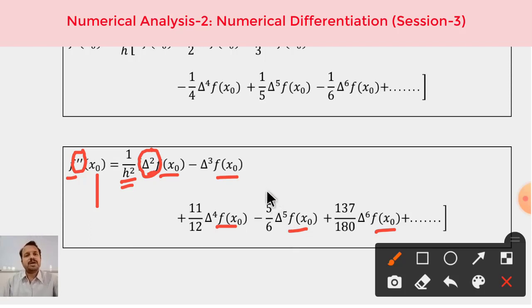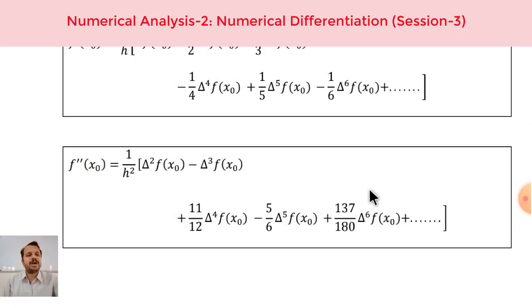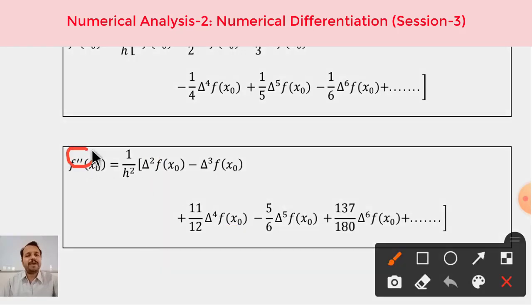The first one will be delta square, as I have told you. While finding f double dash, the second order derivative, we will have the second order difference starting, and then the third order difference, fourth order difference, fifth order difference, sixth order difference, and so on. Again it starts with a plus sign, then minus, plus, minus, plus, minus, plus, alternately.